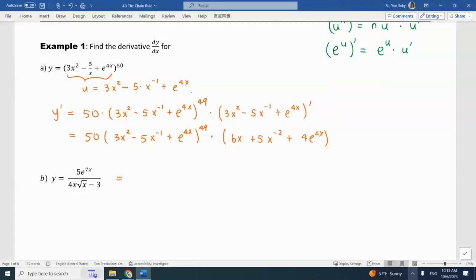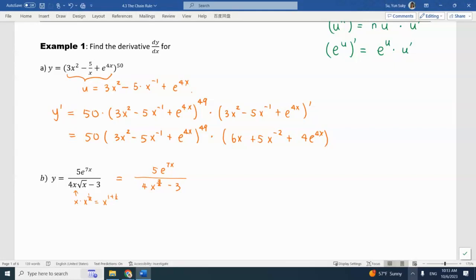This is x, and square root of x is x to the 1 over 2. And when you multiply them, what do you do to the exponents? Add them. So 1 plus 1 half is 3 half. So this is actually 5 e to the 7x, over 4 times x to the 3 half minus 3. So far, so good, everybody?